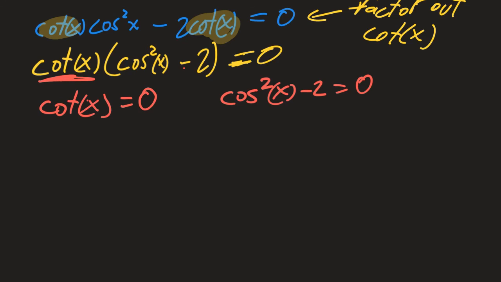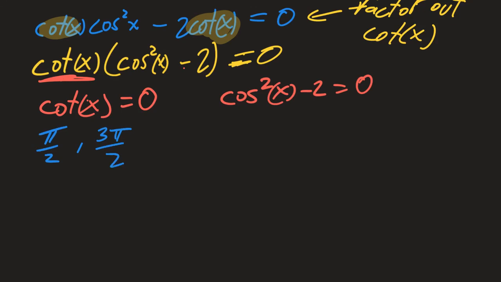We can go to the unit circle and hunt down where cotangent x equals 0. If you're not sure, remember, this is the same place as where tangent is undefined. So this is going to be at pi over 2 and 3 pi over 2.